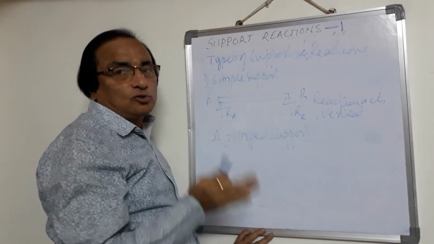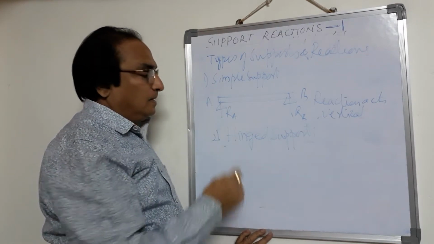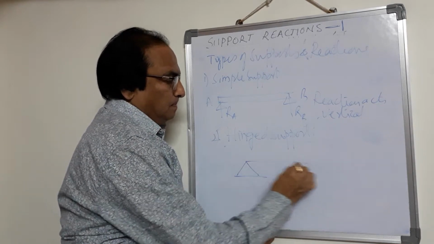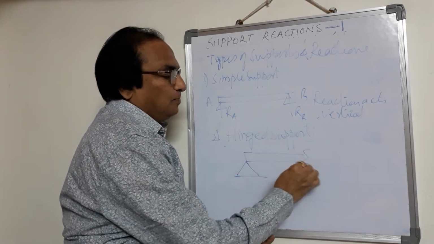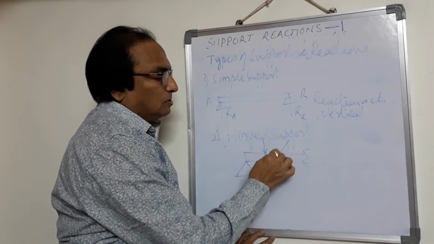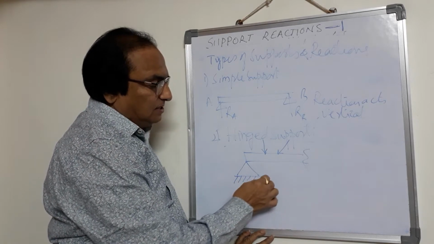Neither can it move horizontally nor vertically, but it can freely rotate. So here I show the hinge. This is the beam, I will show a portion of that. So this will be carrying the loads. Such a type of support we call a hinge.